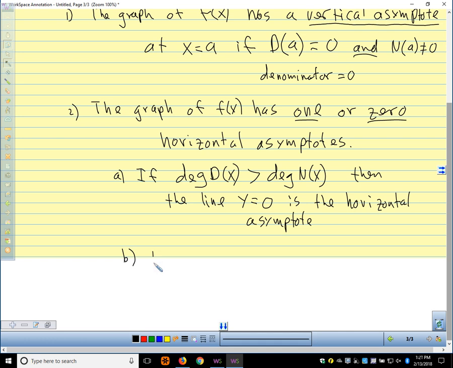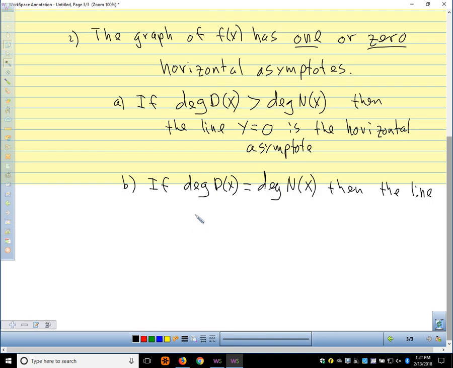Second condition, if the degrees are the same, then the line, and I'm going to write this in words, and then we'll write an example because it's easy to figure out, then the line y equals the ratio of leading coefficients is the horizontal asymptote.